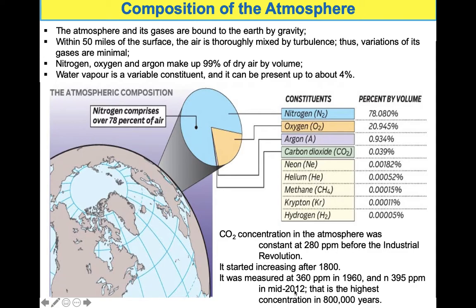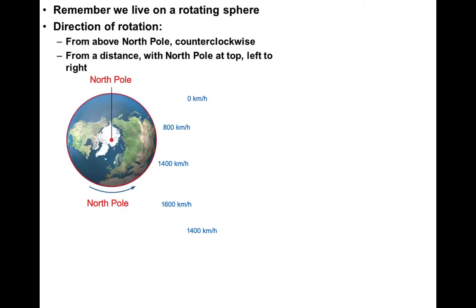That's a significant jump in a matter of basically 50 years. And that number is increasing as well. So that's something that we're going to get into later on when we talk about the role of carbon dioxide in ocean dynamics and also in global climate.